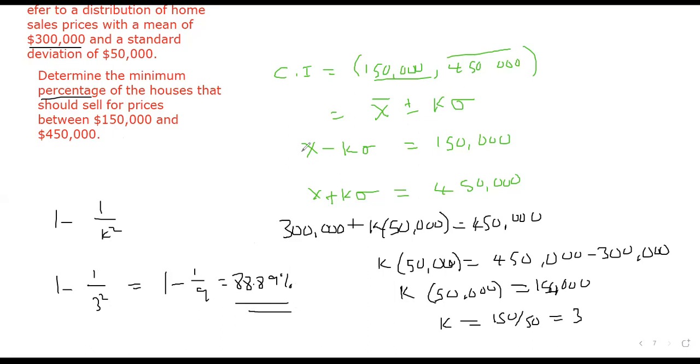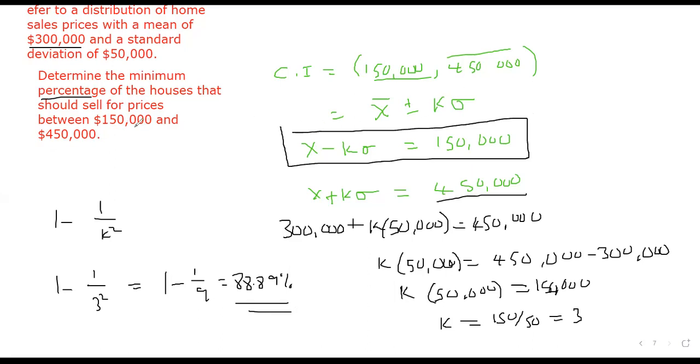Wait a minute. How did we use this 450? Why didn't we use the 150 for the minimum price? I said you can use either of them to give you the same answer. For the 150, our mean is 300. When we put the negative here, if you're going to use the one for 150, we have 300 minus K times 50 equal to 150.